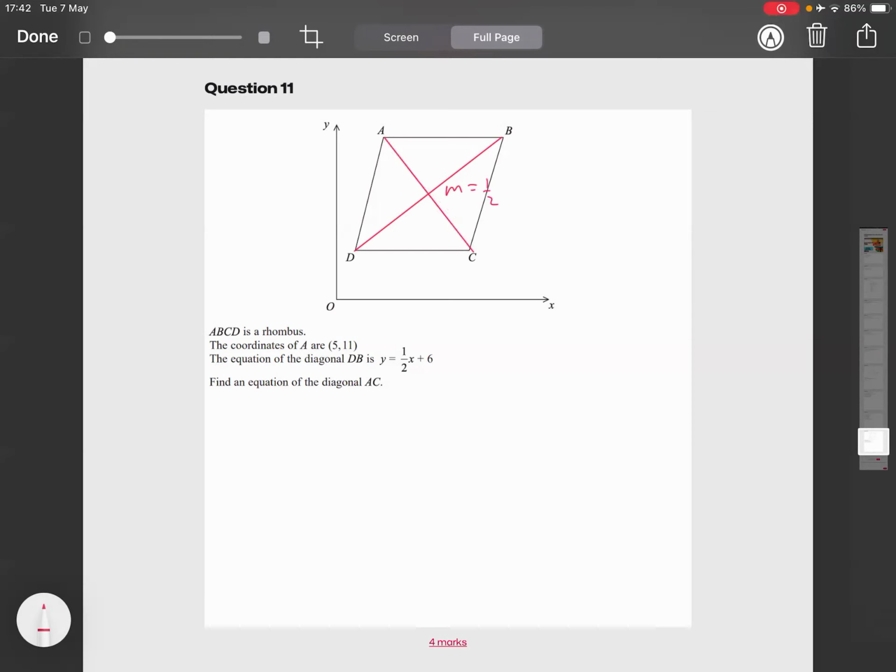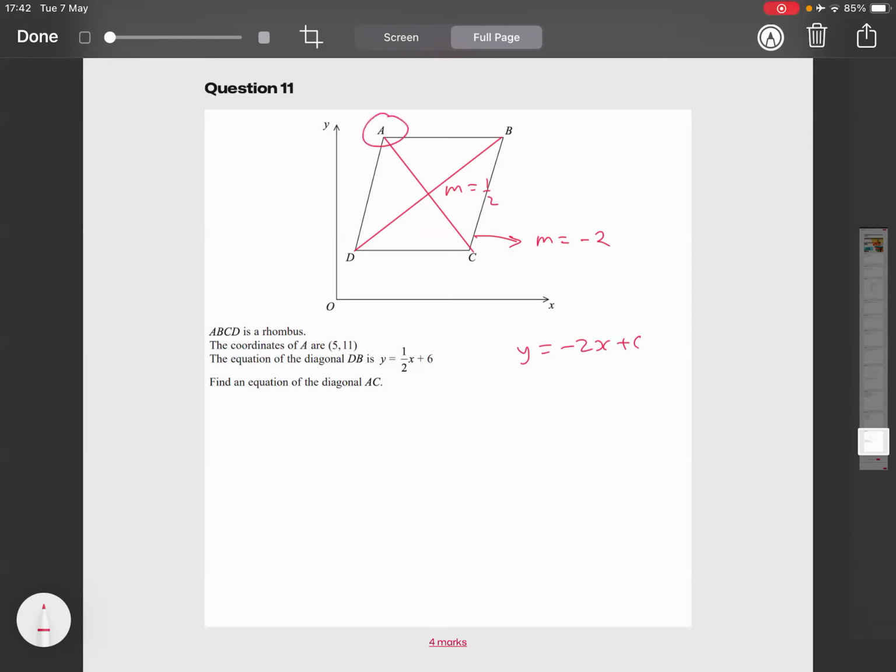If it's a rhombus, I'm kind of assuming, which you shouldn't do in maths, but I think there's a fact which tells us that they're perpendicular, right? So if they're perpendicular, the gradient of AC would be the negative reciprocal, which is -2. So we have y equals -2x plus c. In order to work out the plus c, you just sub in any coordinate on that line.